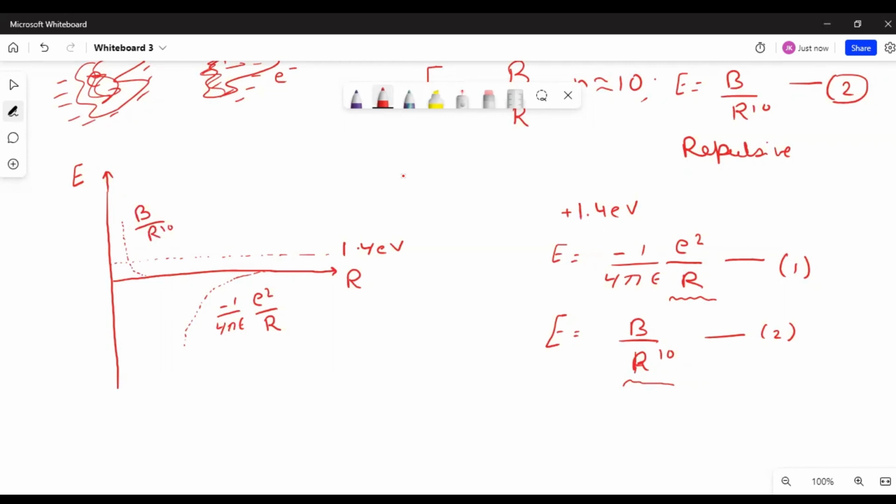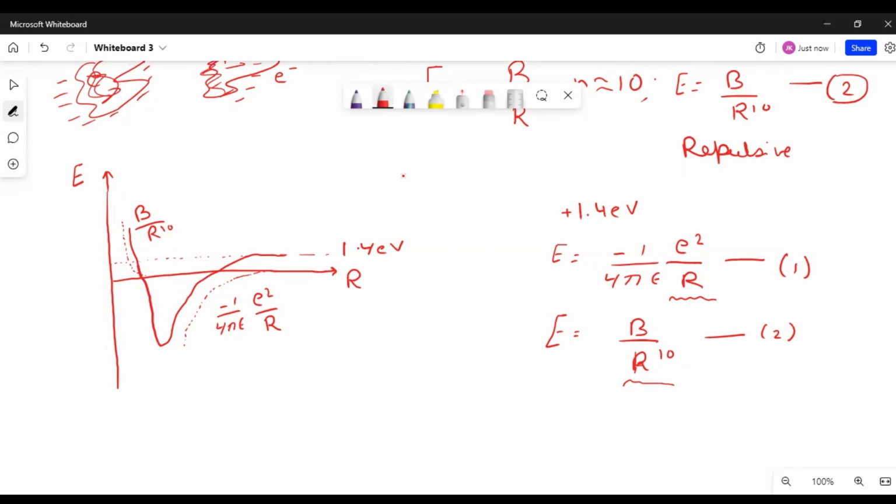When we combine all these three curves, the resultant curve will look something like this. It starts to decrease when the negative terms take effect, and then suddenly there is a sharp increase. This is the overall effect.